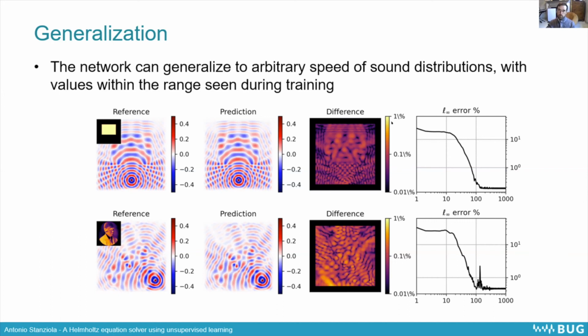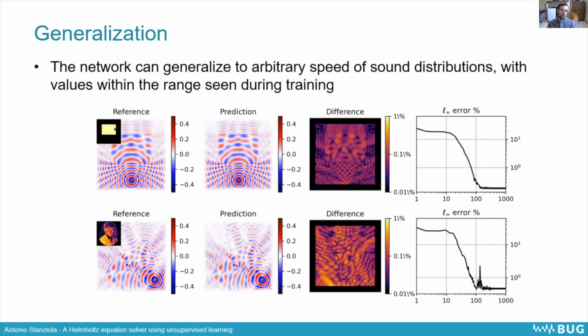The error is still well below 1%, and interestingly, it is as fast as it is on the test set to solve the problem. As we've seen before, there are quite a lot of examples where the solution is achieved within 100 iterations, and that's what happened in this case as well.